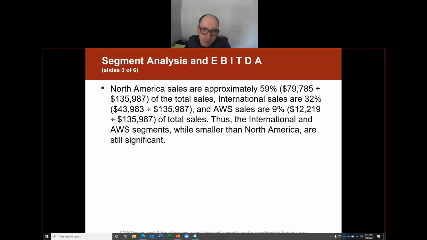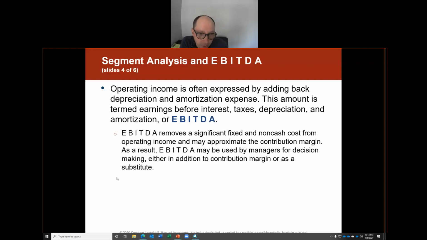Interesting data. So earnings before interest, taxes, depreciation, and amortization is found in the income statement toward the bottom, and it really tells us the contribution margin for the company as a segment.